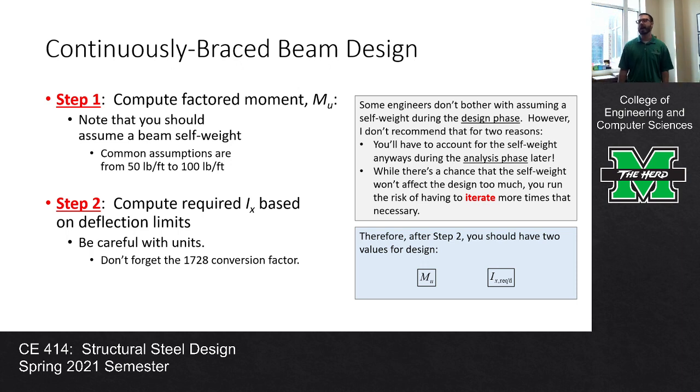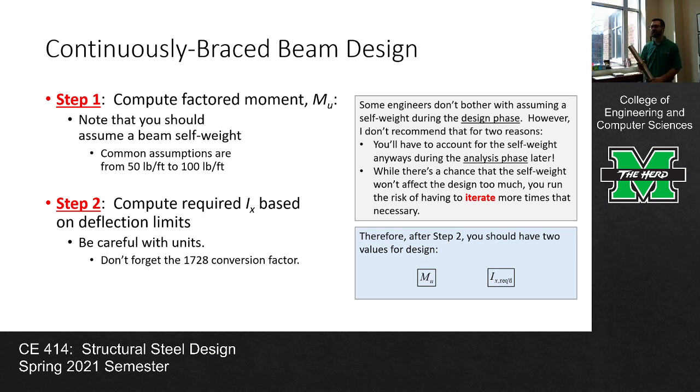Now, here's the thing. There are some engineers in building design land that actually don't bother with assuming a self-weight during the design phase. The reason why is because the self-weight tends to not matter as much in design land for building beams as opposed to bridges. I don't recommend that.